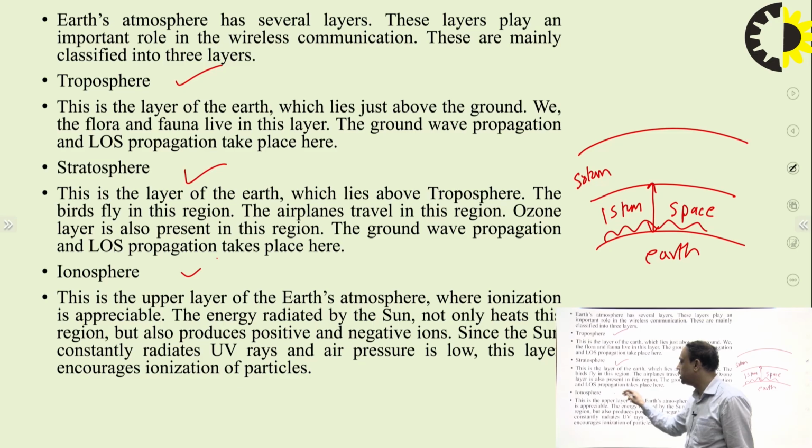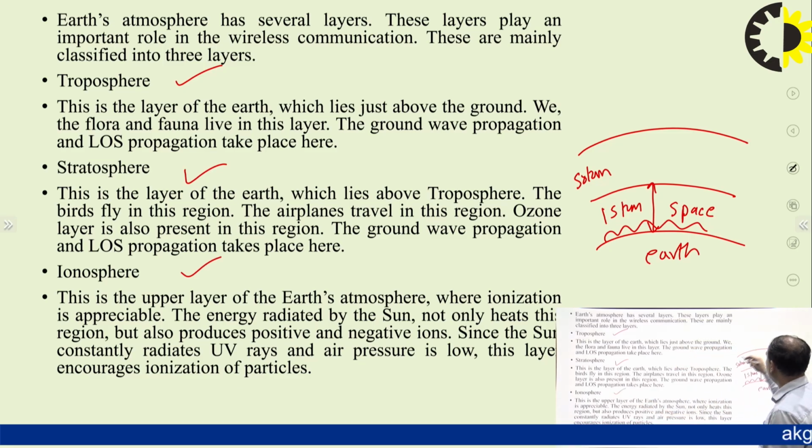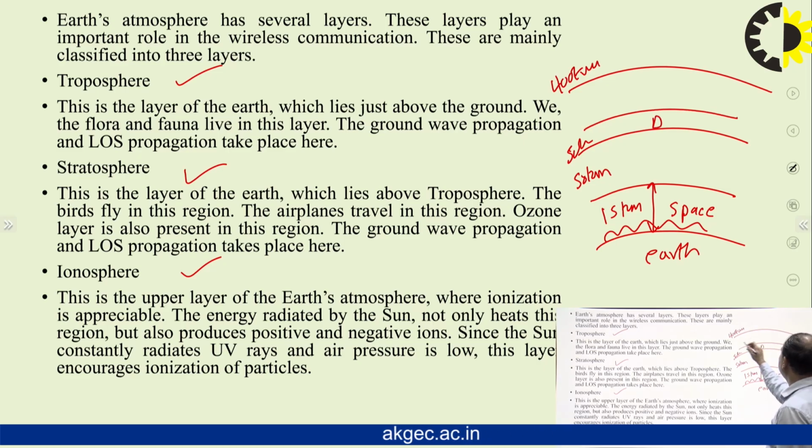The last layer is the ionosphere, which is above the stratosphere, from 50 kilometers to 400 kilometers in space, and is made up of different layers: D layer, E layer, F1 layer, and F2 layer.